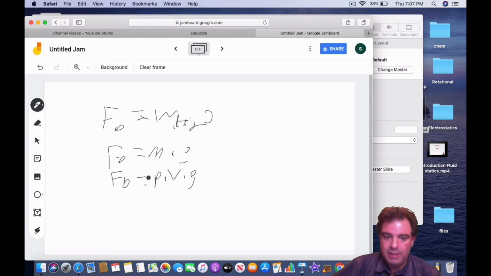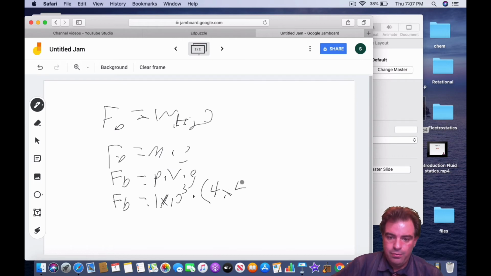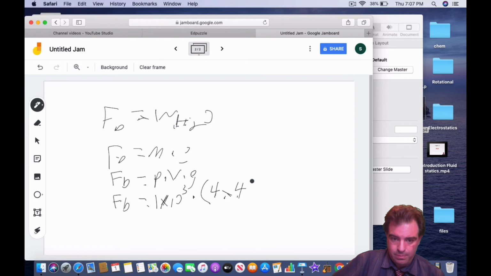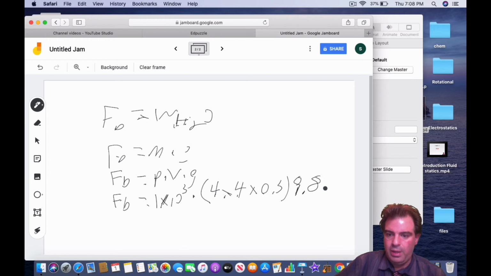We all know what the density of water is. The density of water, of course, is 1 times 10 to the third, times the volume, which was what? 4 meters times 4 meters times 0.3. And of course, g, which is 9.8.